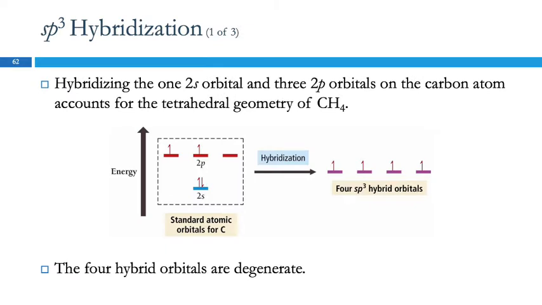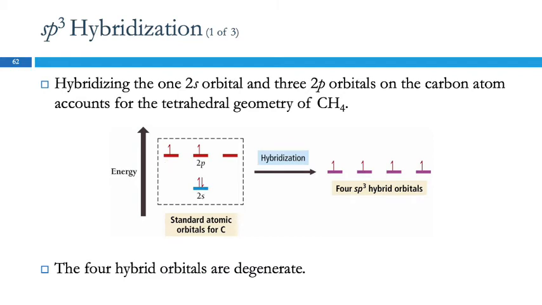Okay, let's actually do it here. So here we're showing basically an energy diagram. Energy is higher going up. For carbon, we have the valence electrons. There are 2 electrons in the 2s, and there are 2 electrons in the 2p.